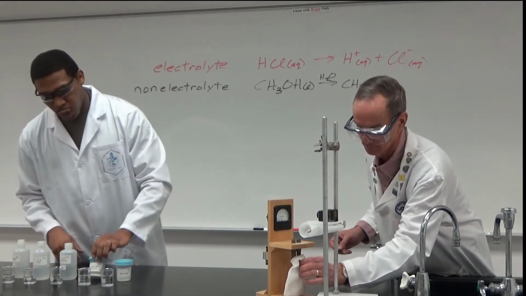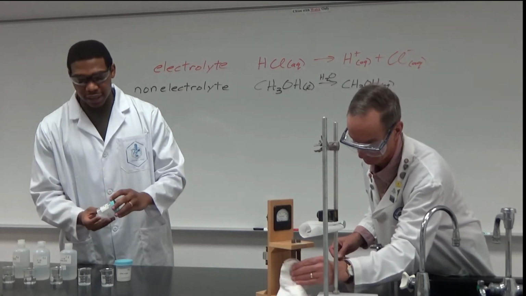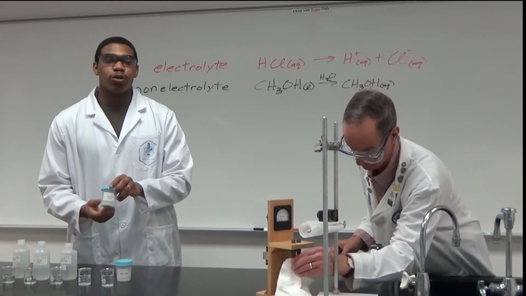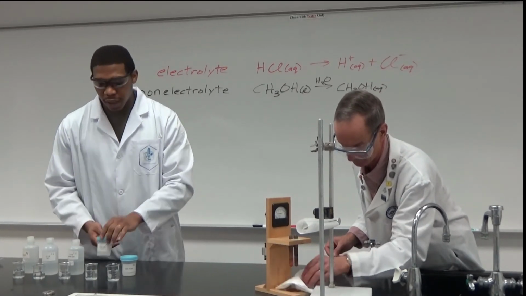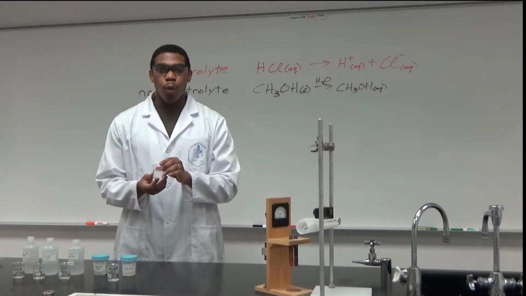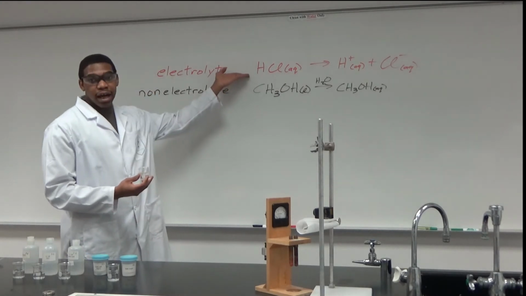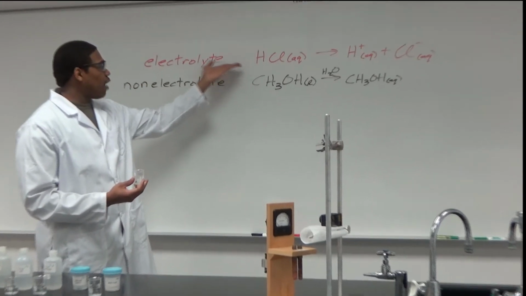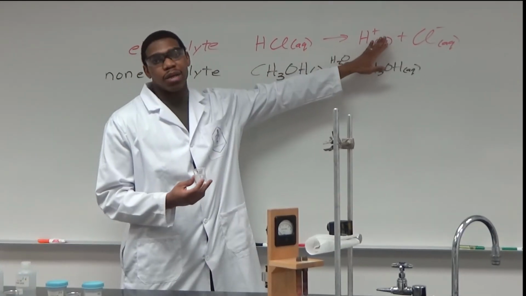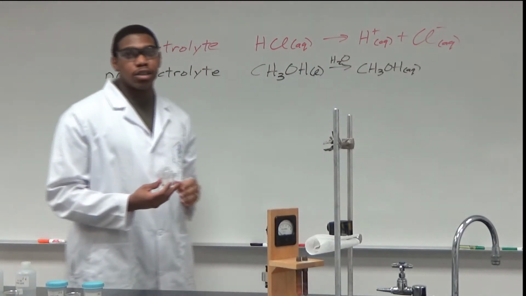All right, let's move on to our last 2 solutions for this demonstration. We have just typical table salt that you use at home, sodium chloride. When we mix that in some water, similar to the HCl, it dissolves and completely dissociates into ions in the solution.